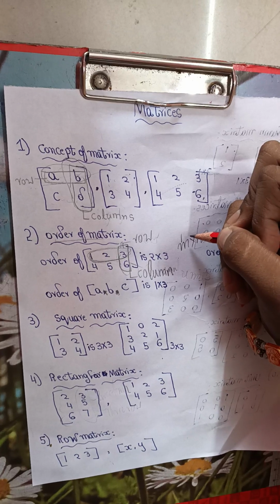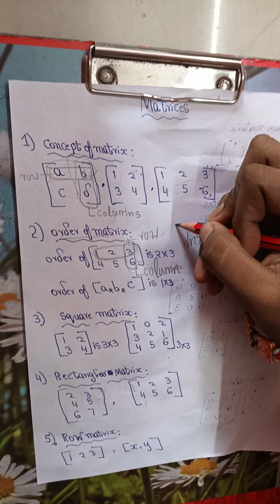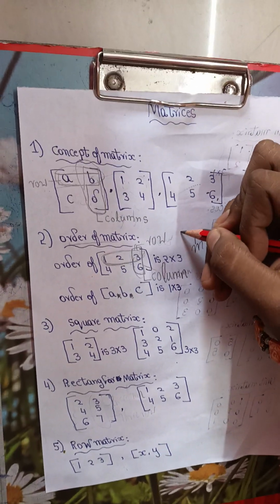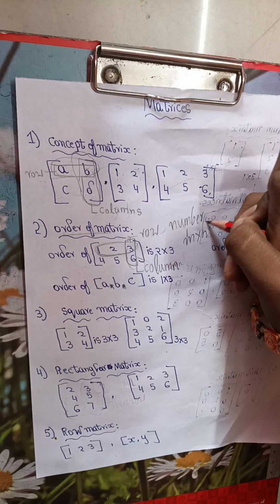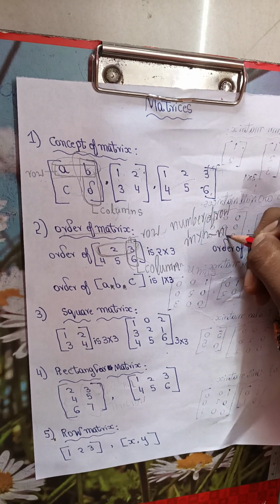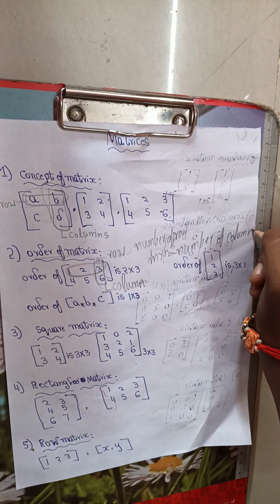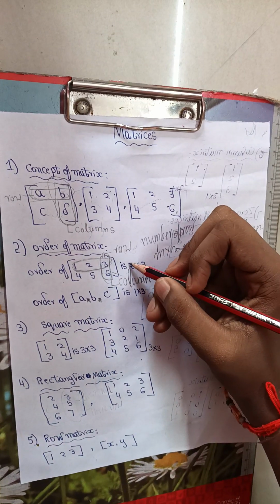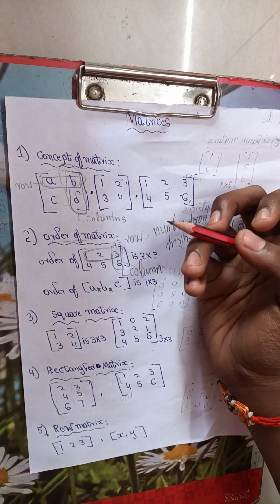The order of a matrix can be denoted as m into n. What is m? m is the number of rows, and n is the number of columns. I am showing an example. In this matrix, how many rows are there?